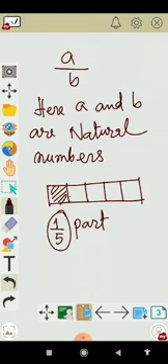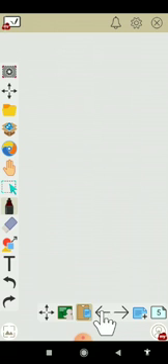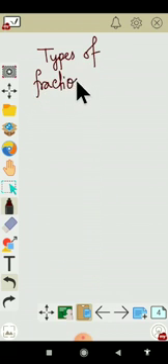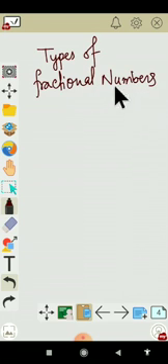Now we will see different types of fractional numbers.